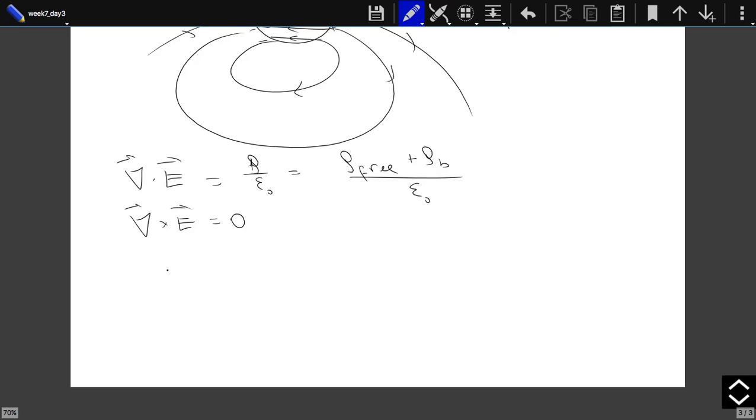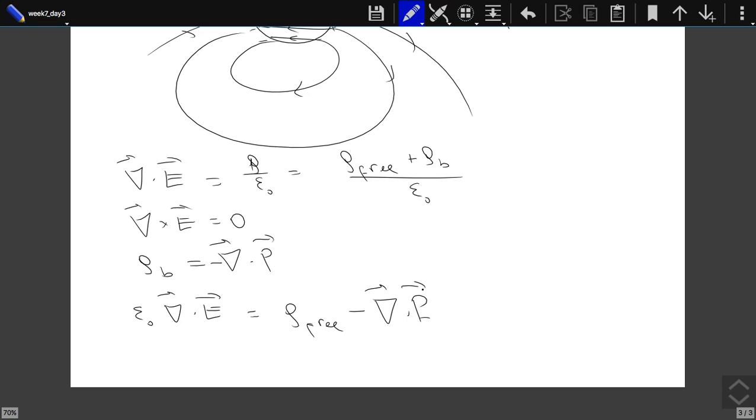But let's make one observation. We had said that rho b is equal to minus the divergence of P, the polarization. We can put it over there. So epsilon 0 times the divergence of E is equal to rho free plus minus the divergence of polarization.